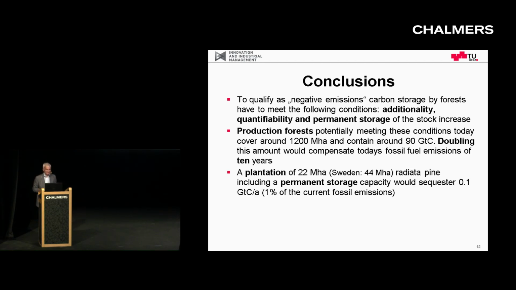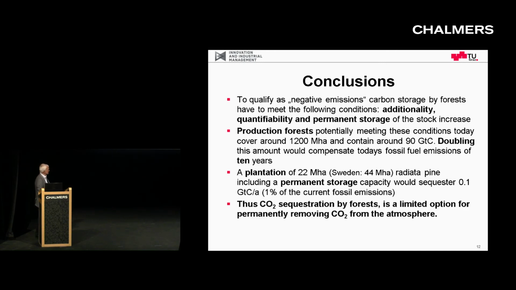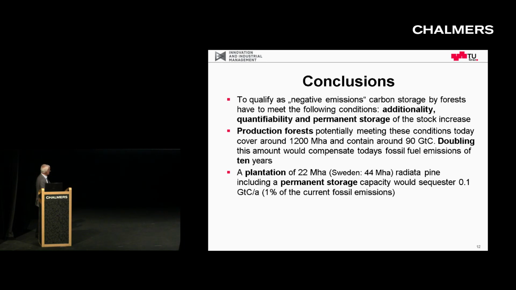The plantation option has been shown in example 2. The sheer size of area required to sequester this small amount here of 0.1 gigaton per year requires the set aside of half of Sweden's area.